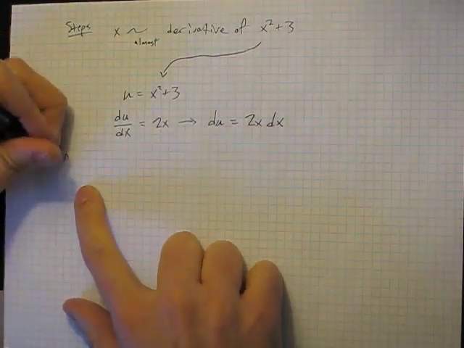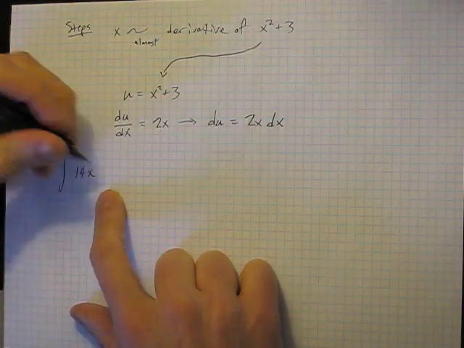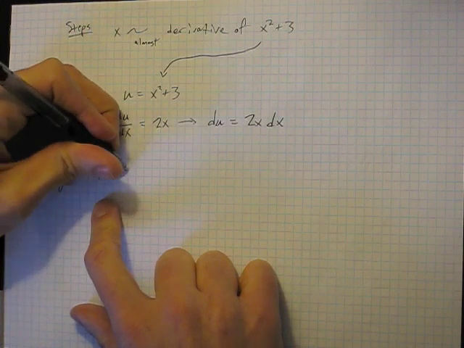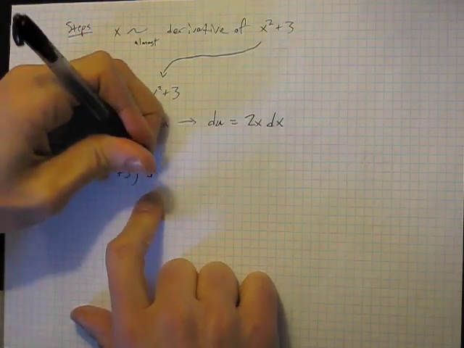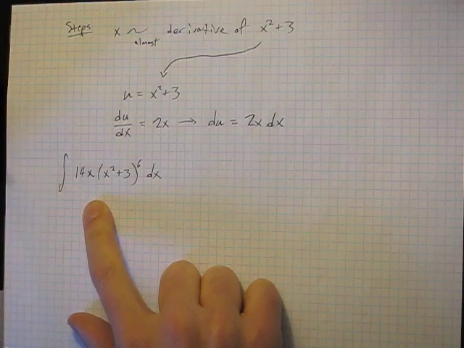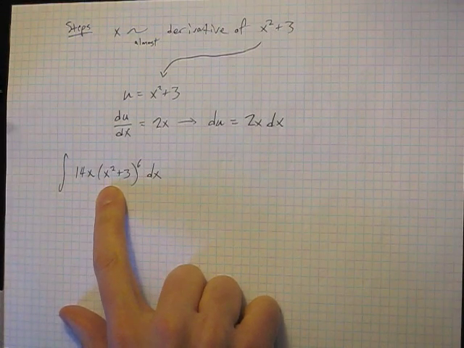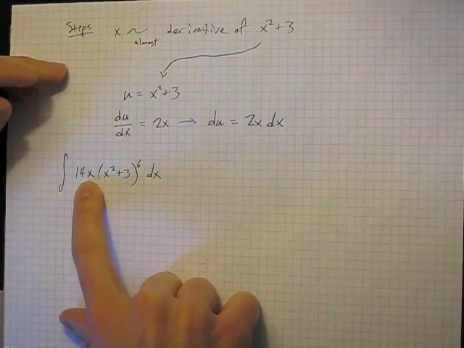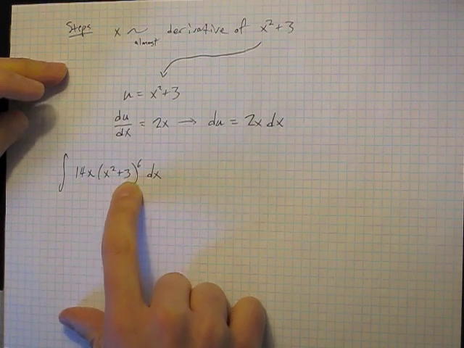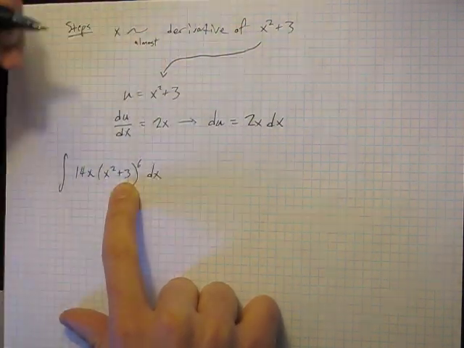Okay, so now let's look at this example, the integral of 14x times x squared plus 3 to the 6th power dx. Now, we've recognized that x is kind of the derivative of x squared plus 3, and so we substitute.